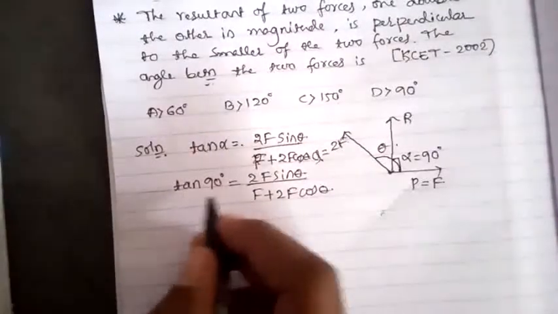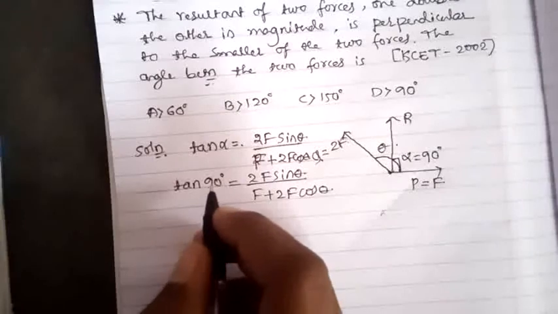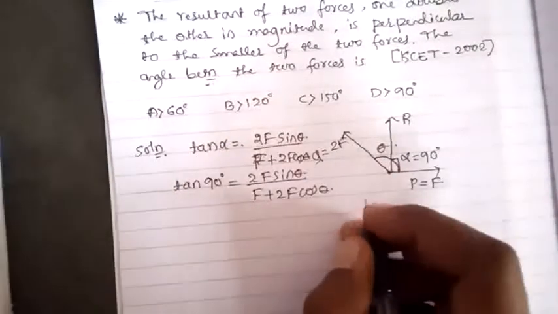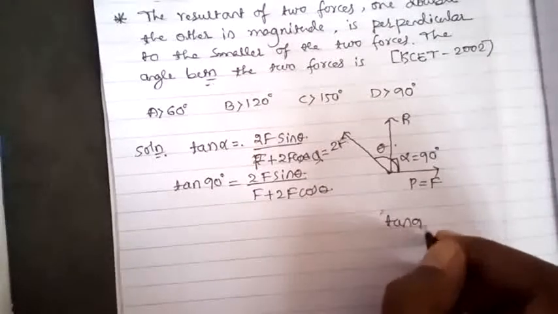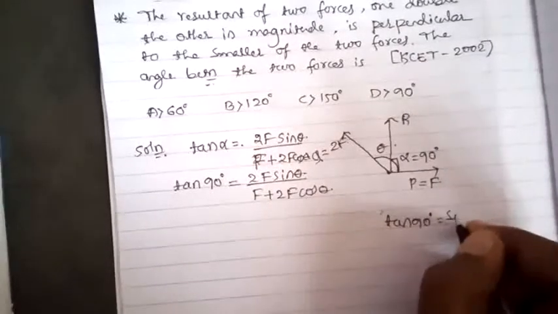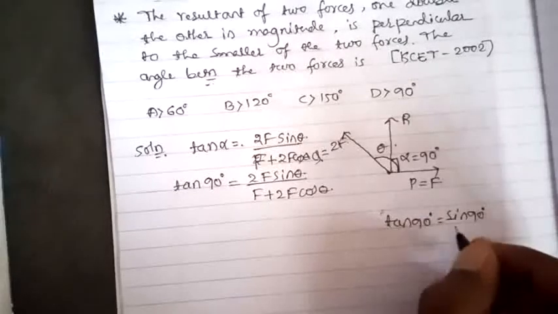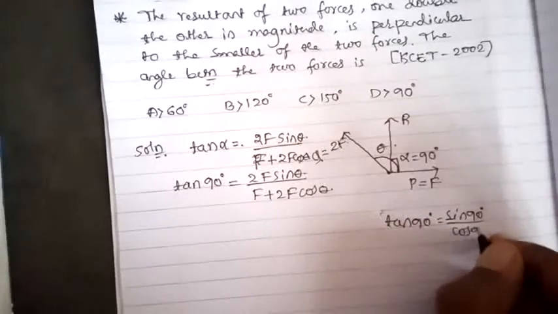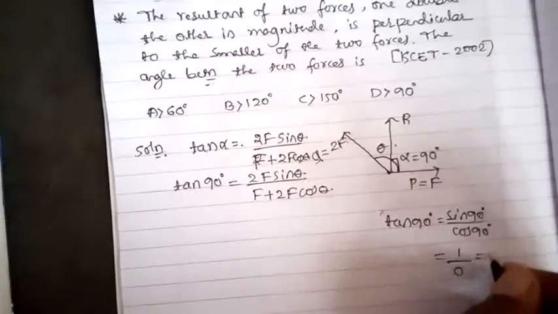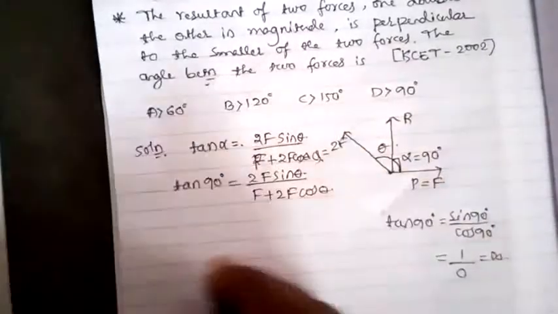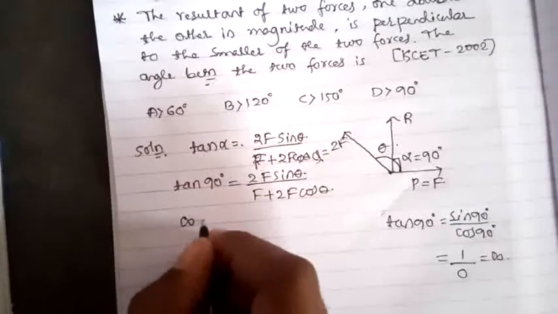Then what is tan 90? Tan 90 is nothing but infinity, because tan 90 can be written as sin 90 divided by cos 90. Sin 90 is 1, but cos 90 is 0, and 1 by 0 is infinity. This is undefined, it is infinity.